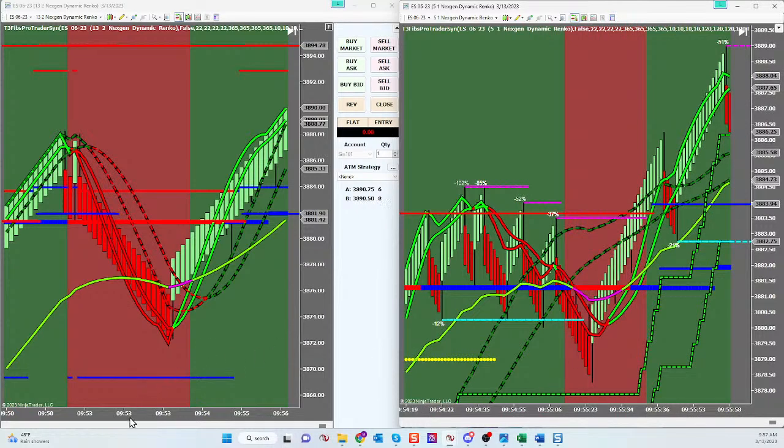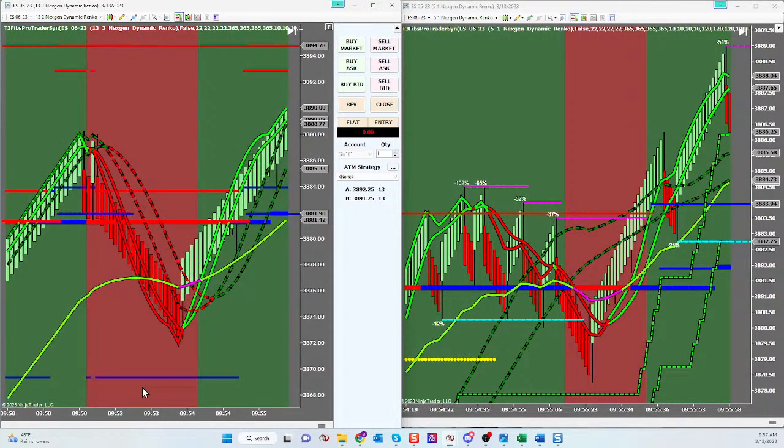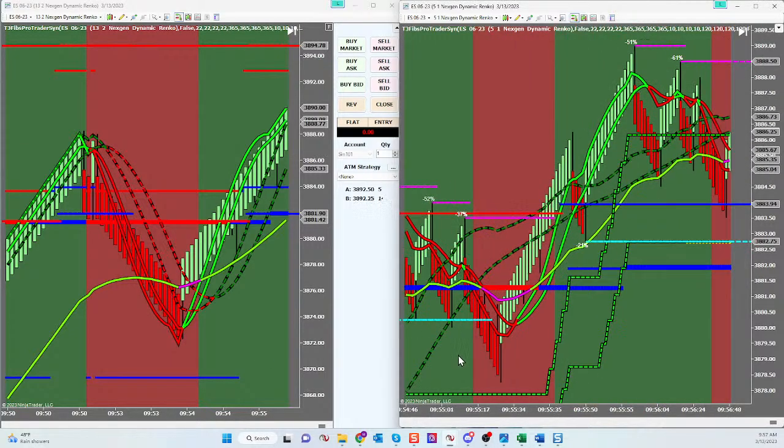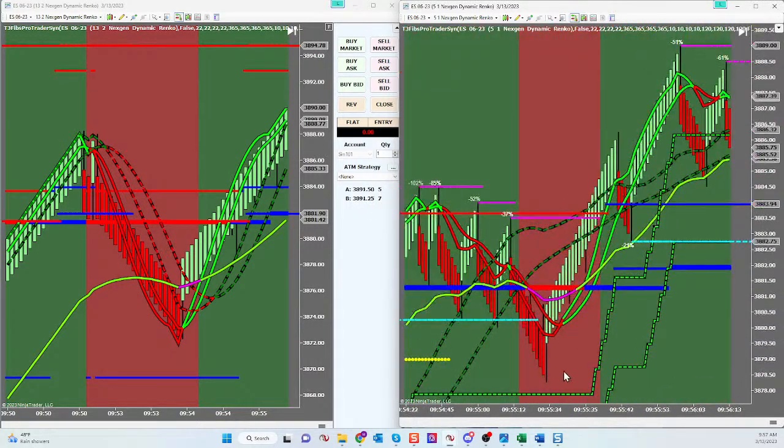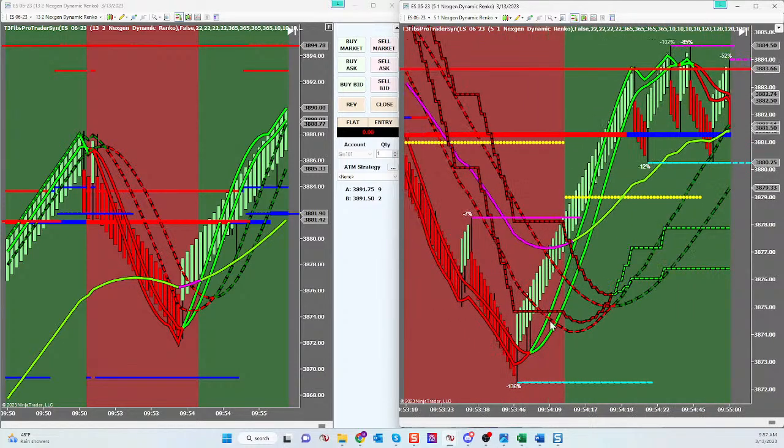And this one's very similar, isn't it? Bad top, comes down. Trend trade doesn't work. Right? And then everything turns.